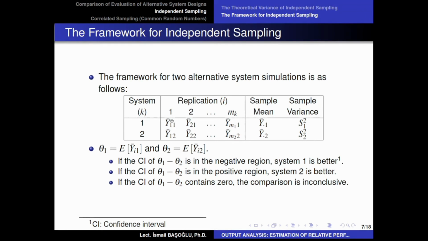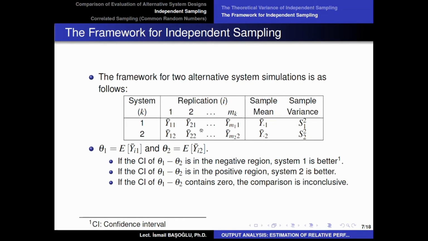Under the first system design, the average in my first replication. I do not see the within-replication data here; I only see the replication averages. Under the first system design, I have the first replication average in y bar 1, 1, and the second replication average, which is y bar 2, 1. So the first index shows the replication number, and the second index shows the system that I choose, the first system or the second system.